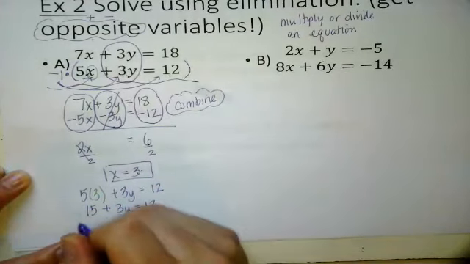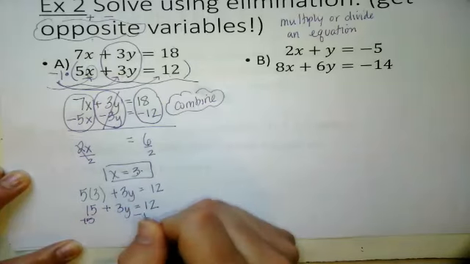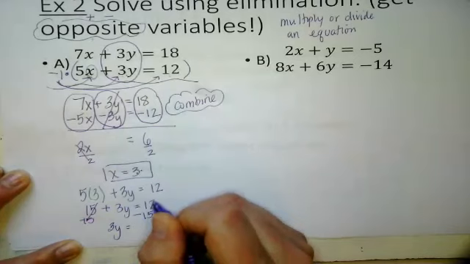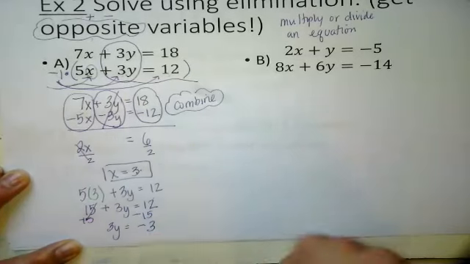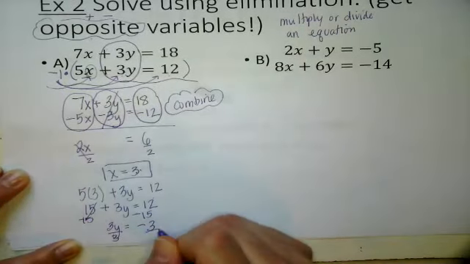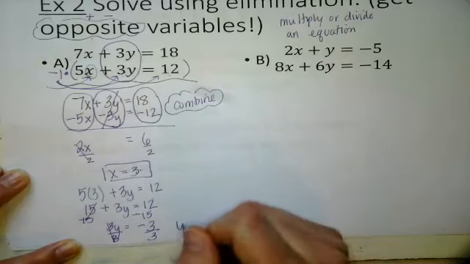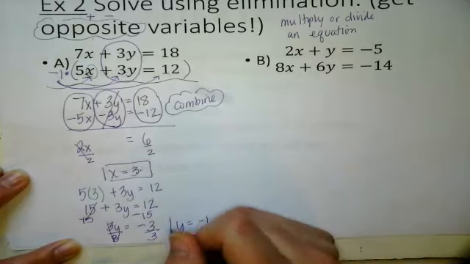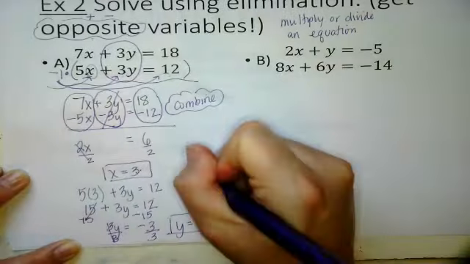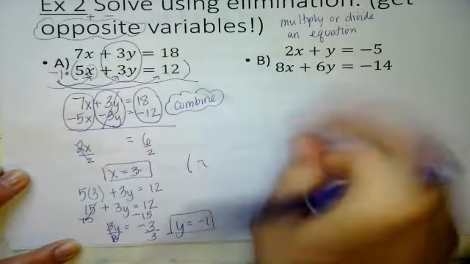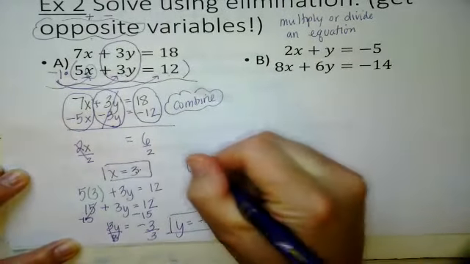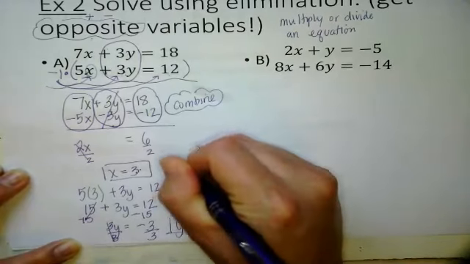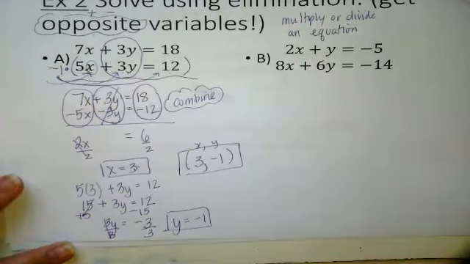I'm going to go ahead and subtract 15 from both sides. So I get 3y equals 12 minus 15 is negative 3. And I'm going to go ahead and divide both sides by 3. So I get y equals negative 3 divided by 3 is negative 1. And so my ordered pair would be 3, negative 1. X comma y when you use your IXL.